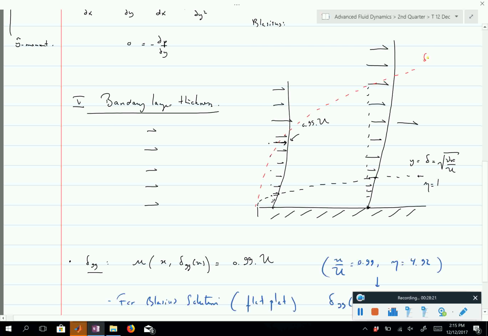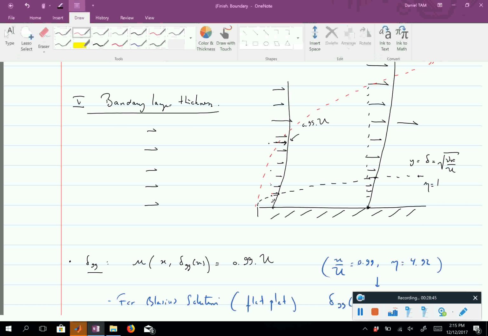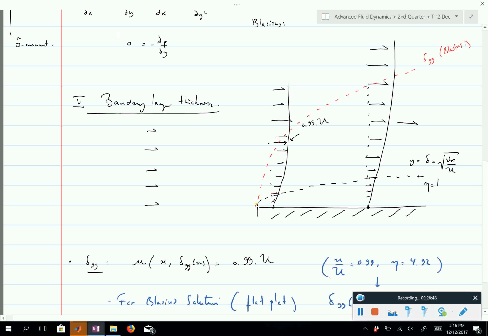That would be delta 99 for the Blasius solution. The displacement thickness is 1.72. So here I have 1, I have 2, so roughly here. So it's 1.72 eta, so it's roughly 2. So it'll be here, there.